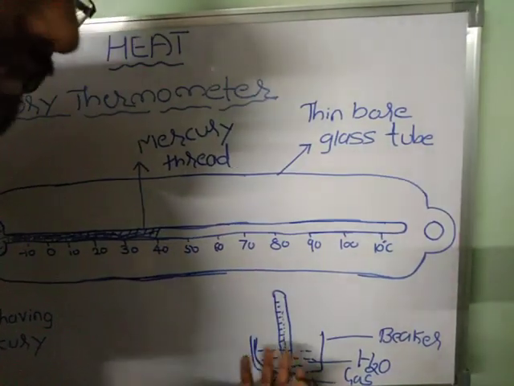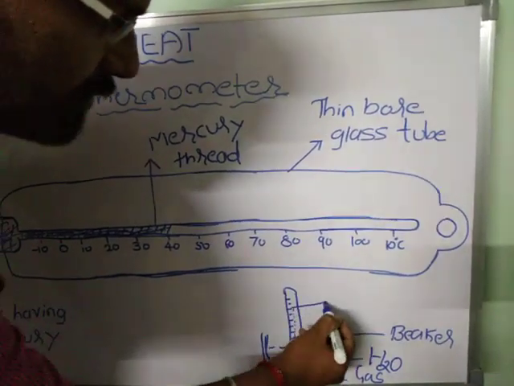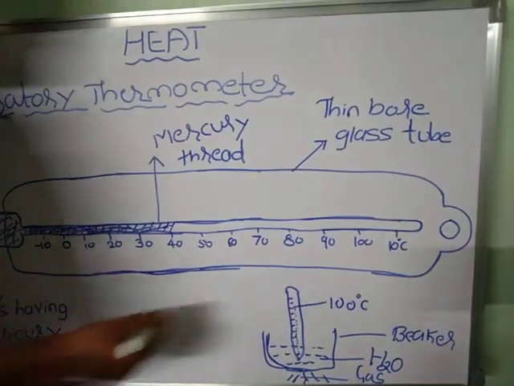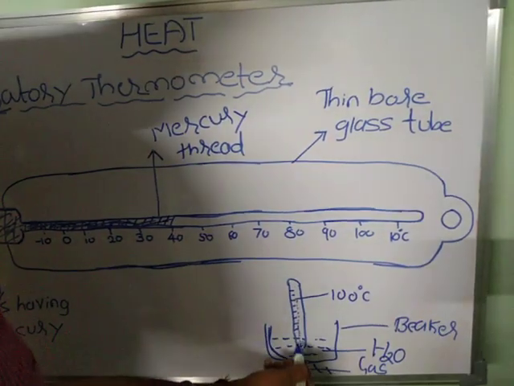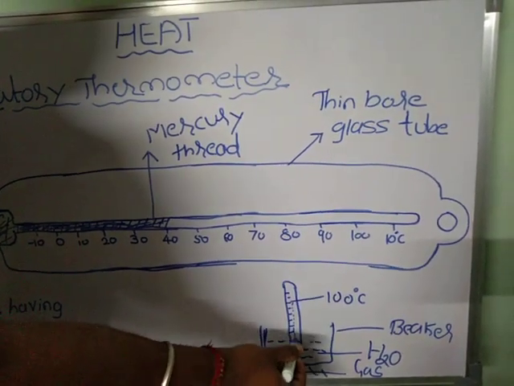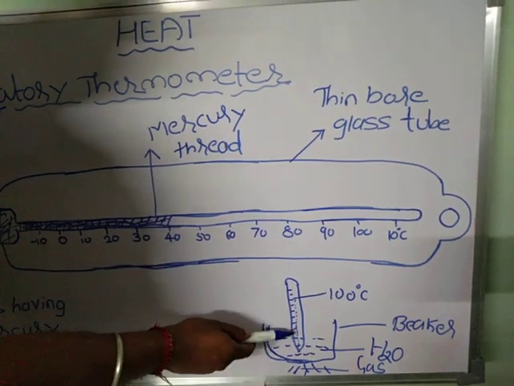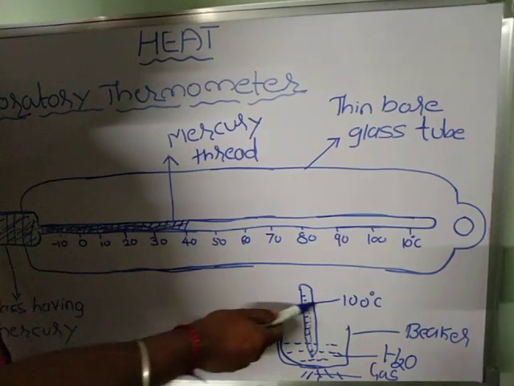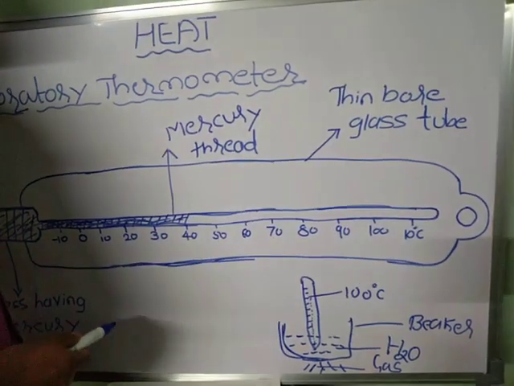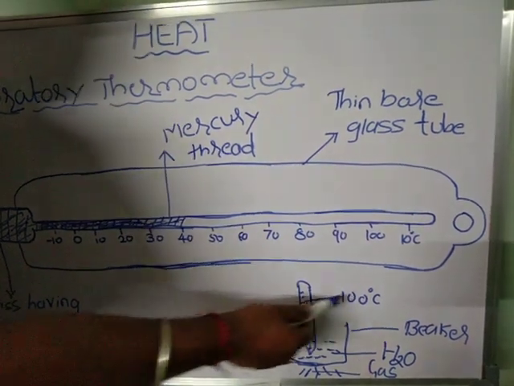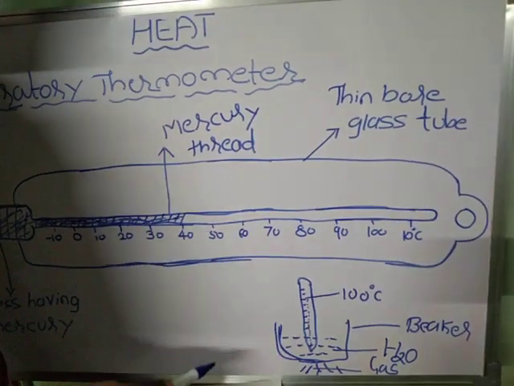When the water is completely boiling, it stops, and we know that water boils at 100 degrees centigrade. I am explaining how it works. The mercury slowly rises through the capillary tube, through this tube I am showing here, and then it stops at 100 degrees centigrade. Then we take the thermometer out and read it as 100 degrees centigrade.